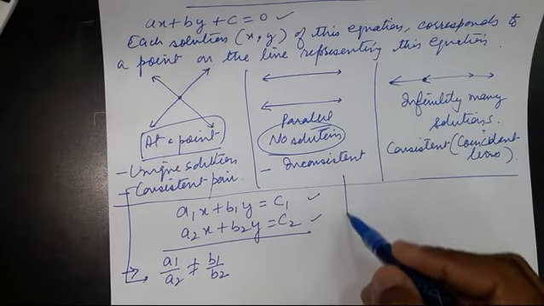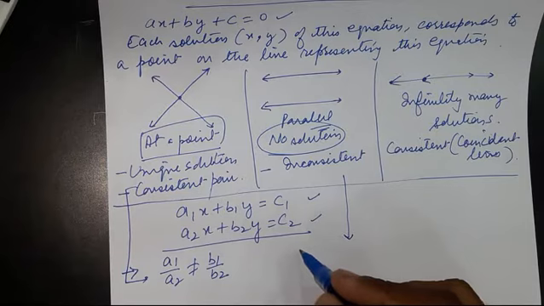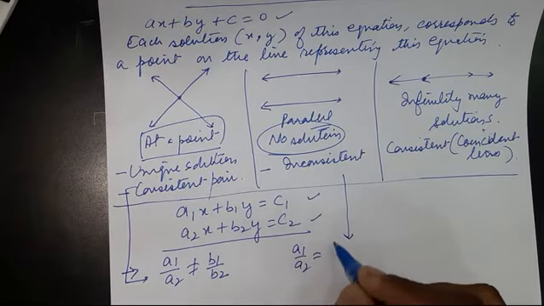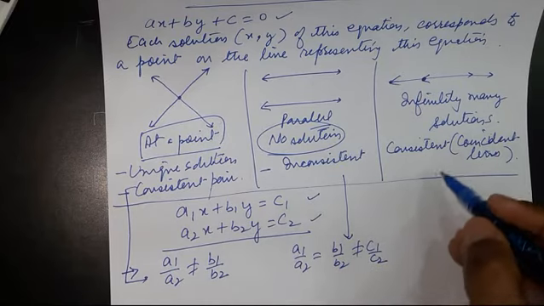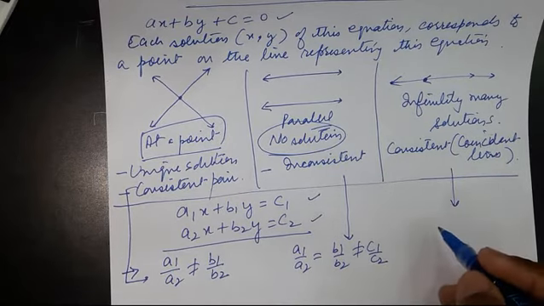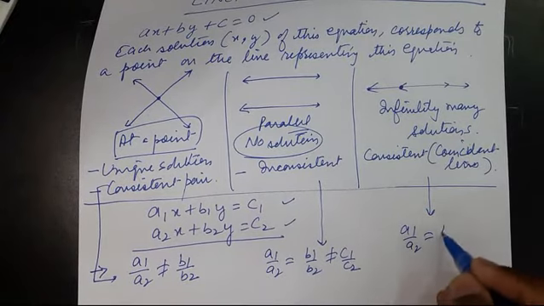Similarly, for no solution or parallel lines, a1 upon a2 is equal to b1 upon b2 is not equal to c1 upon c2. Similarly, for this one, you can have a1 upon a2 is equal to b1 upon b2 is equal to c1 upon c2.